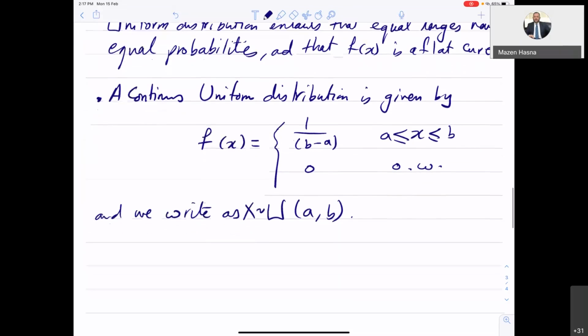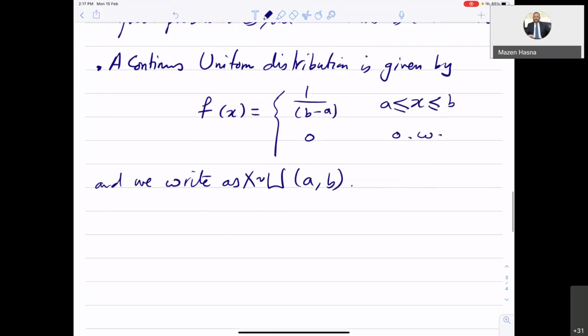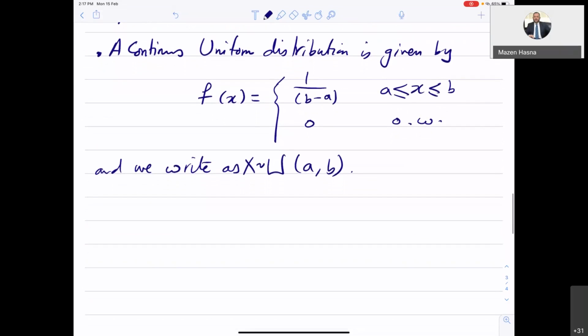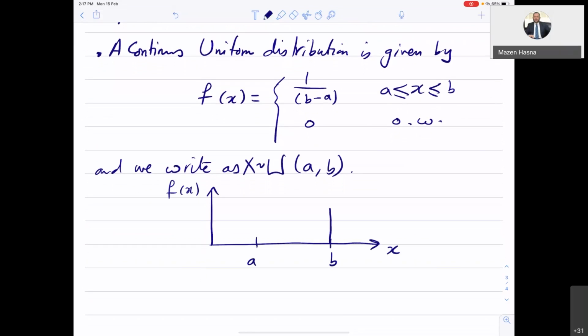How does this look? Probably if we plot it, it will look much better. So if this is x, this is f of x. If we say I have a uniform distribution between a and b, then it looks like this. It's a straight line, and the height is just 1 over b minus a.